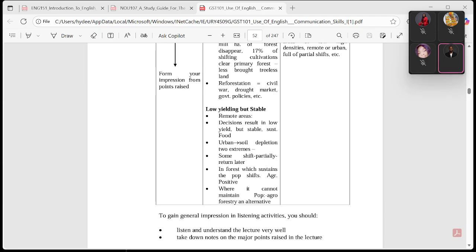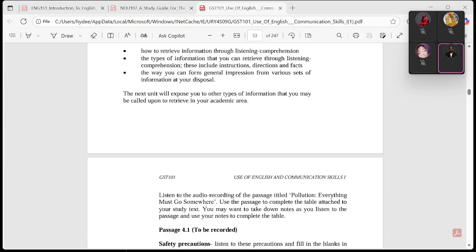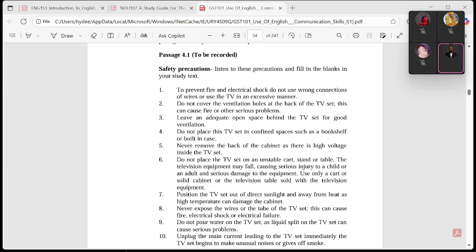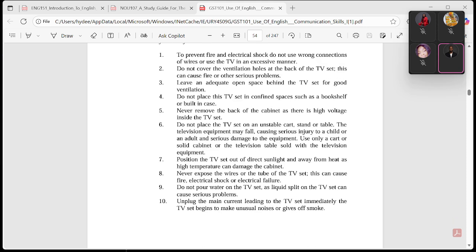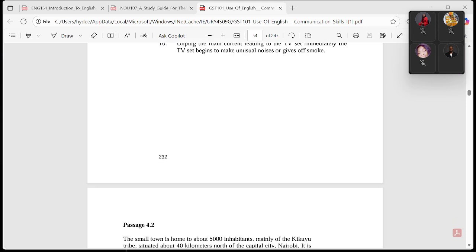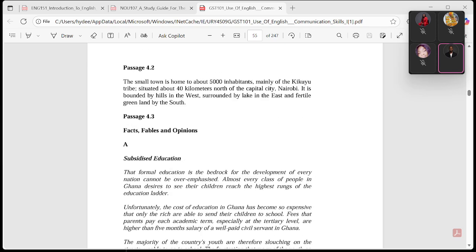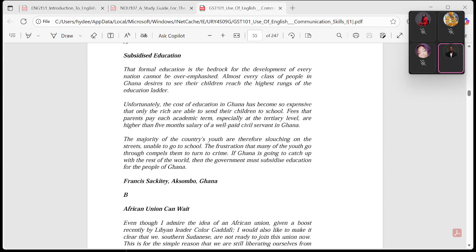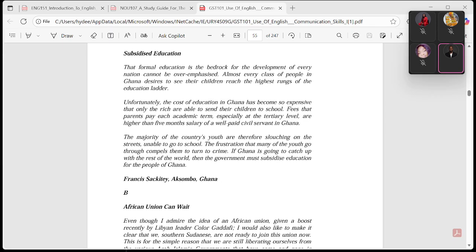So yes, don't worry. The remaining things here are where it is concluded. The remaining things here are passages. We have passages, we have fables, we have facts, fables, and opinions. We have a passage of subsidized education.